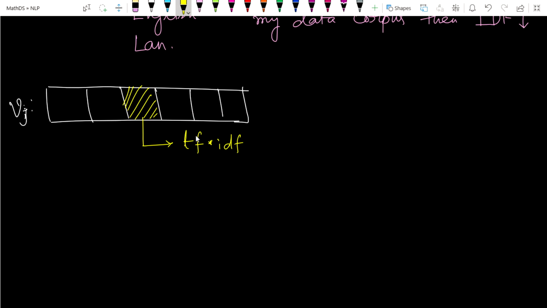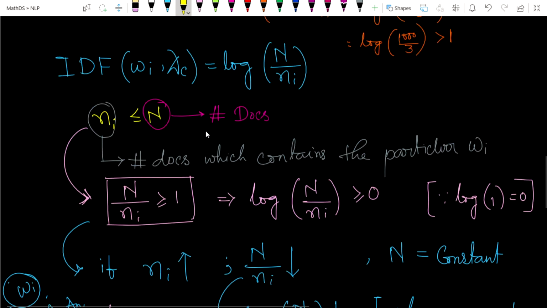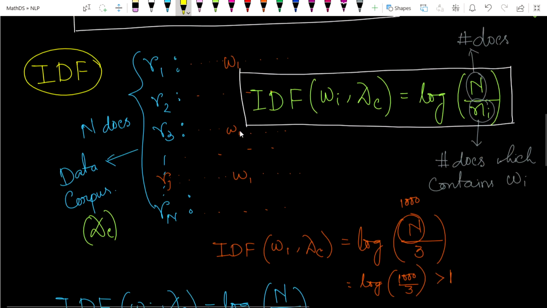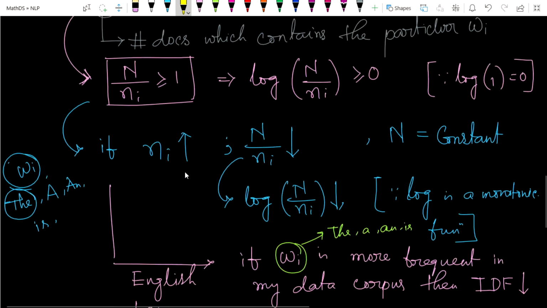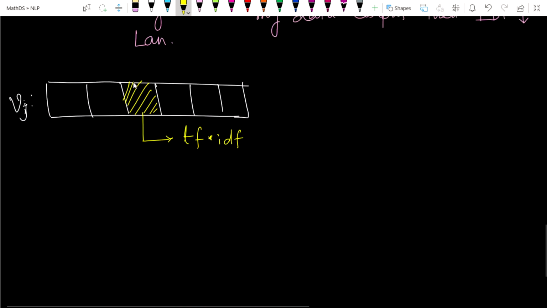Now TF helps us simply with how frequent the word is. You can think of this like a weightage value: how much weight we have to give to each word.